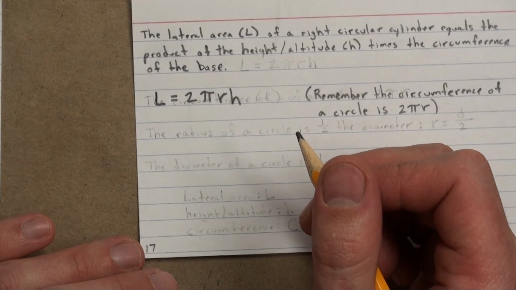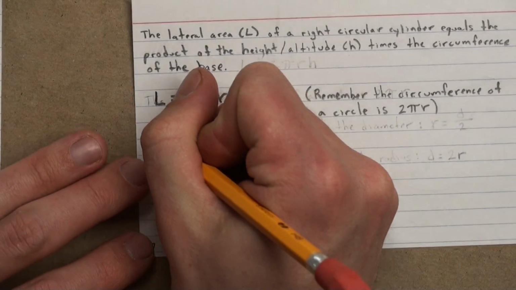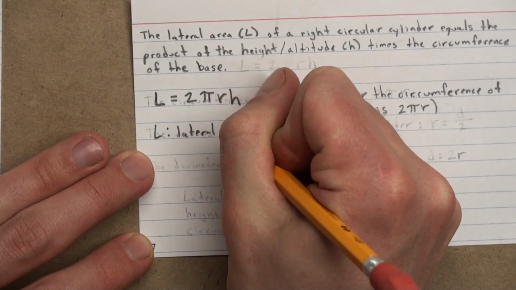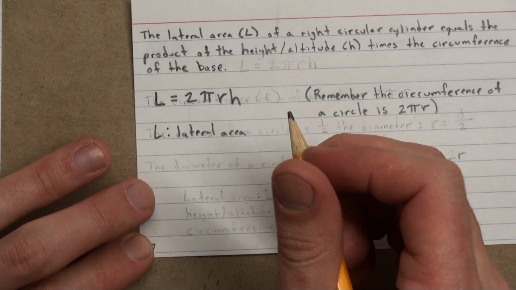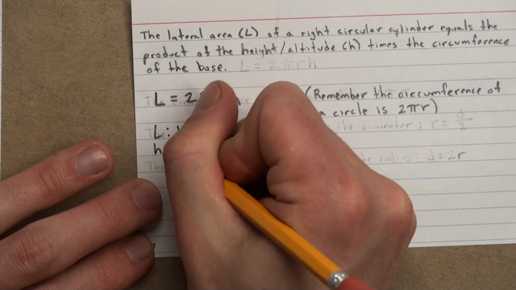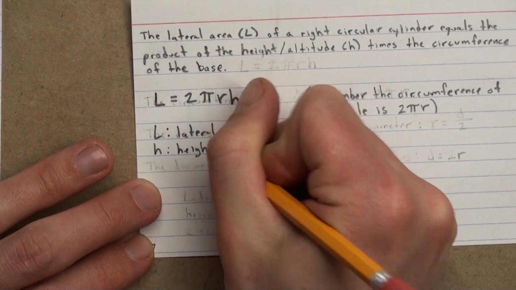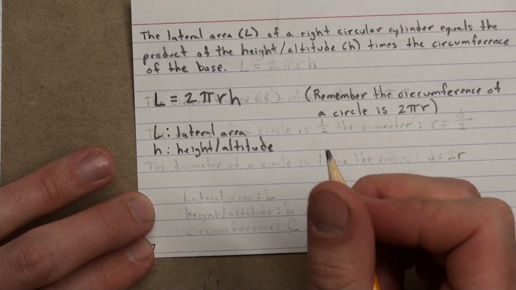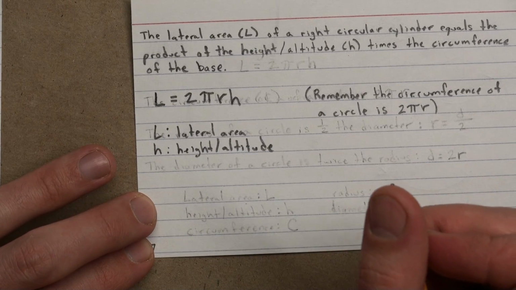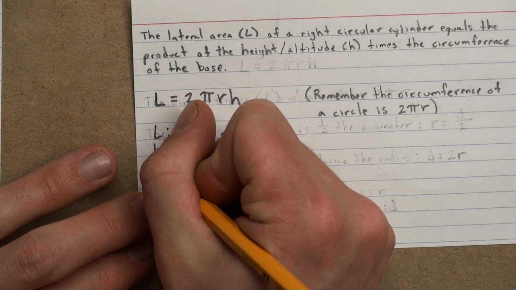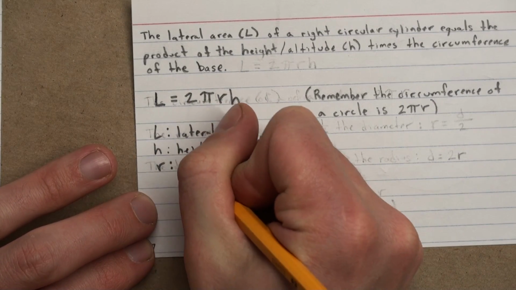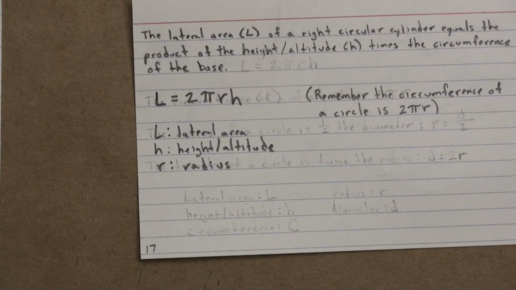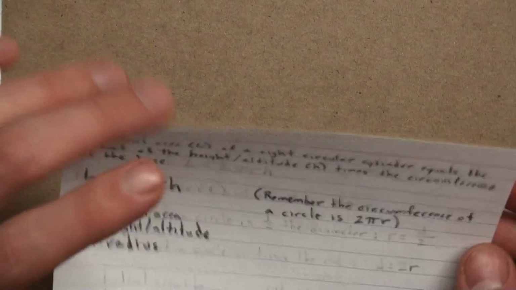And let's put L, lateral area, H is height slash altitude, and R is radius. Okay, so we fixed card 17 to where it should be.